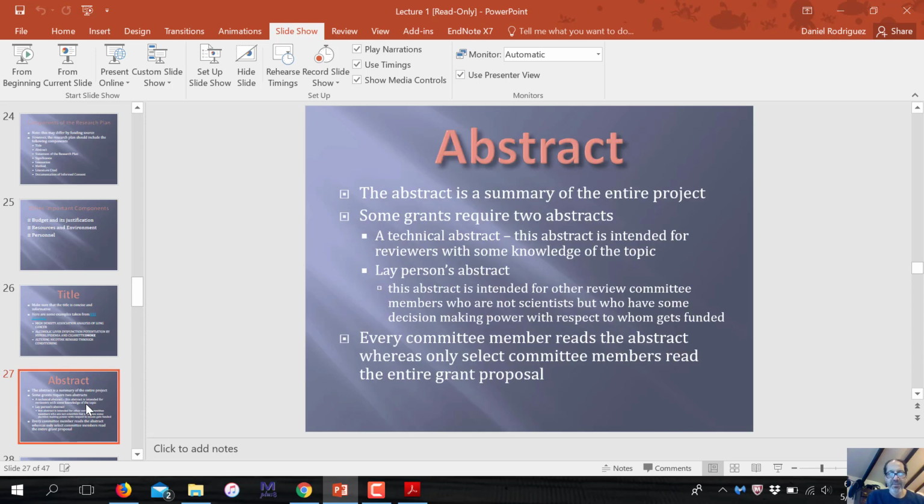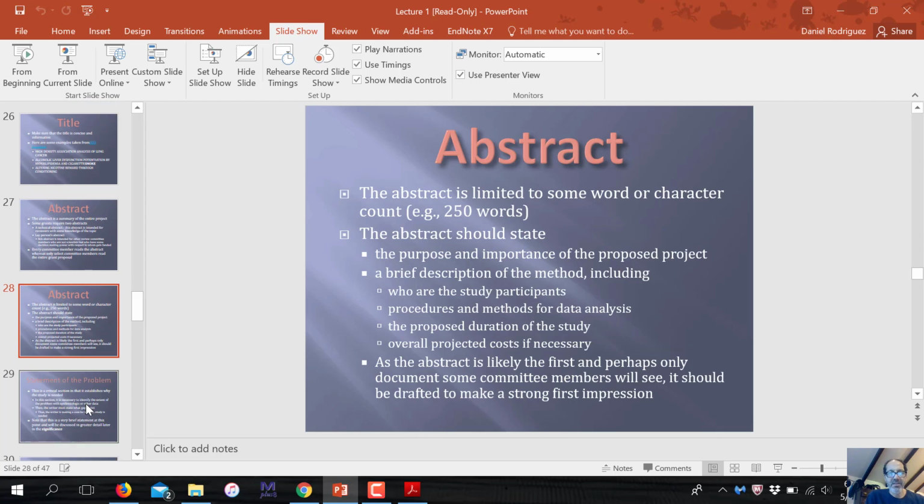You have to write abstracts. There's generally two different types of abstracts that you have to write: a layperson's abstract and a technical abstract. The layperson abstract is an abstract for the general public, and especially when you're dealing with foundations rather than government sources. And foundations, people reading your abstract might know nothing about the science, but they just want to give away money.